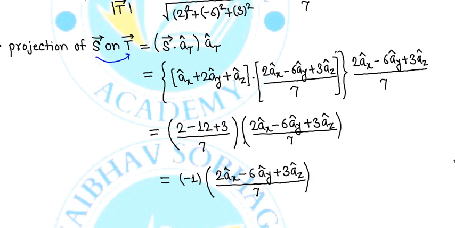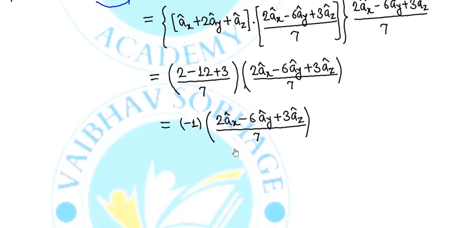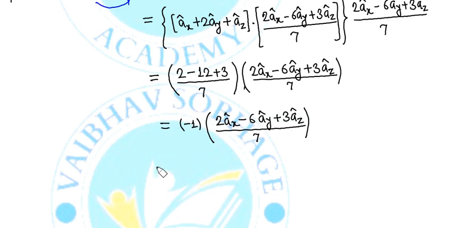so that you will get the value of the vector projection of vector s onto vector t. So if we simplify that one, you will find your vector projection of vector s onto vector t to be with this value, and then multiply it by using this minus 1.